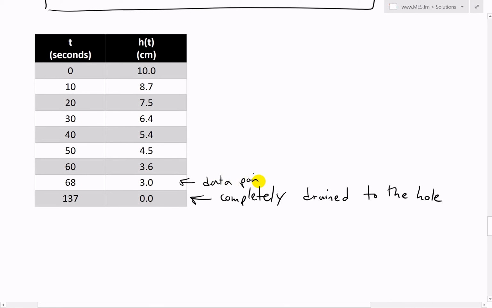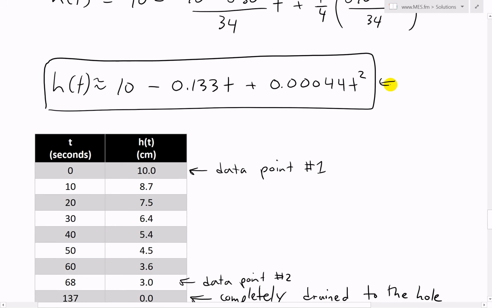I'll call this data point number 2, and this was the initial data point from the experiment, data point number 1. And these are all theoretical ones right here. So the rest of them are just theoretical ones based on this formula.